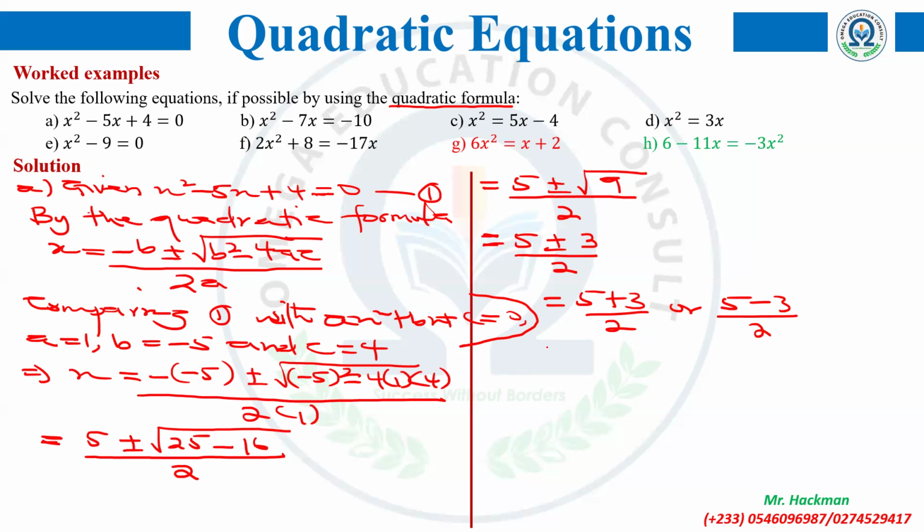So 5 plus 3 on 2 is 8 on 2, or 5 minus 3 on 2 will give you 2 on 2. So this simplifies to 4, this simplifies to 1. Therefore, my x will be equal to 4 or 1.